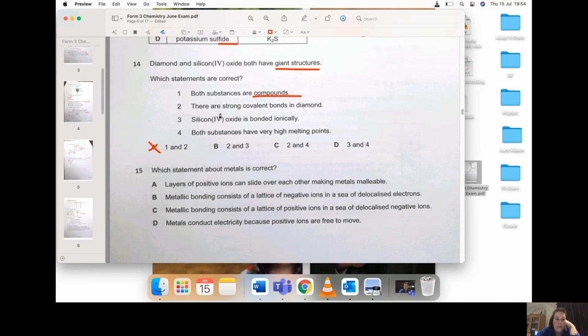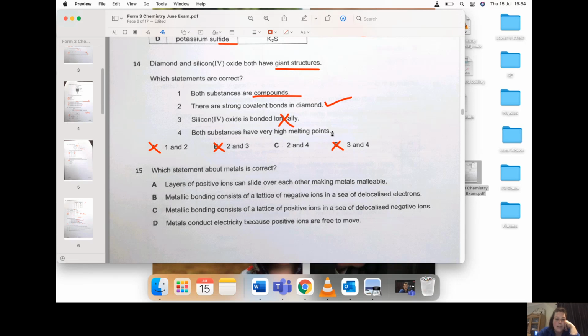There are strong covalent bonds in diamond. That is correct. Silicon 4 oxide is bonded ionically. Incorrect. It's bonded covalently as well. So anything with a 3 in it, we're going to cross out. That actually only gives us one answer, but we double check.